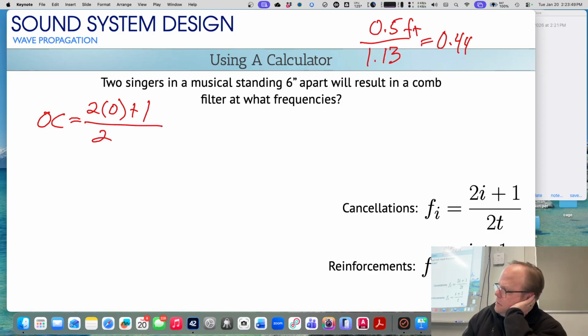So 0.5 divided by 1.13 gets you 0.4424778761 milliseconds. And in seconds, that would be what?